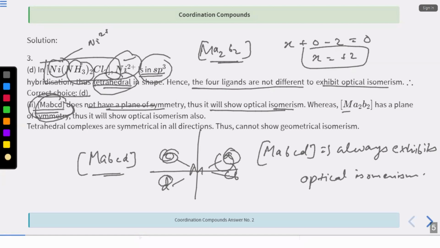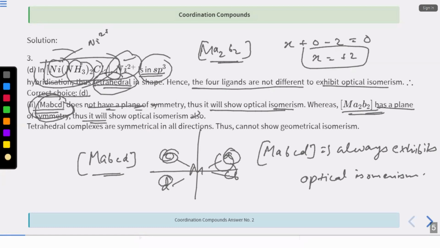Cool. And in MA2B2, as shown here, I can easily get the plane of symmetry. Okay, so we are talking about optical isomerism, not geometrical isomerism.